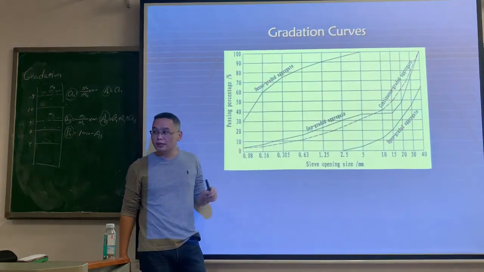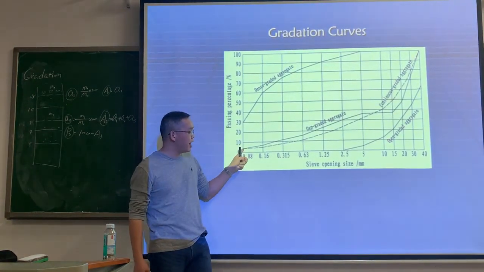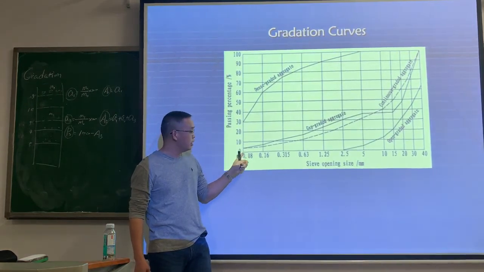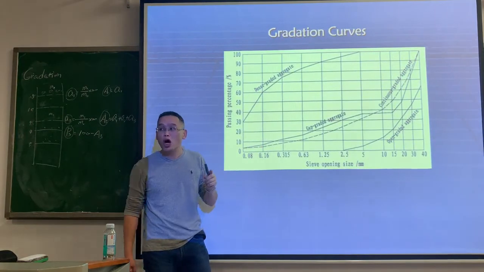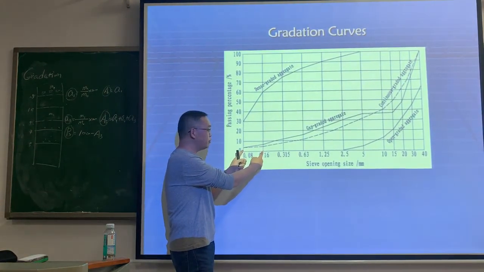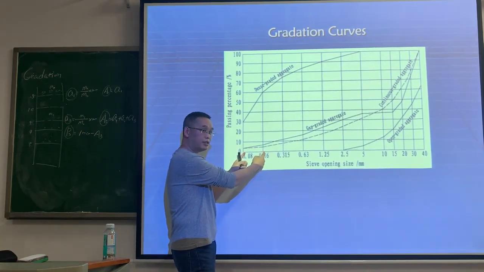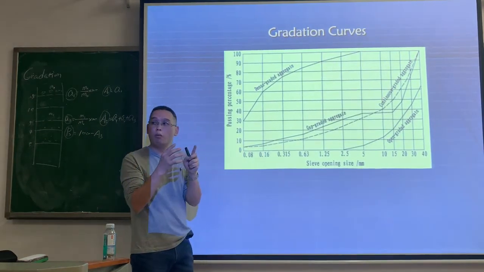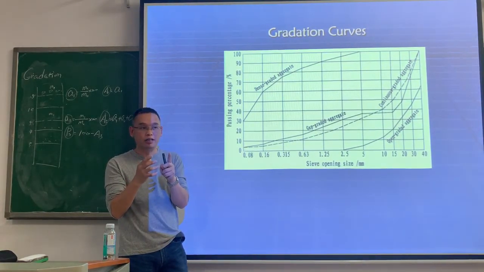It means what? It means between these two sizes, how many percent of aggregate?